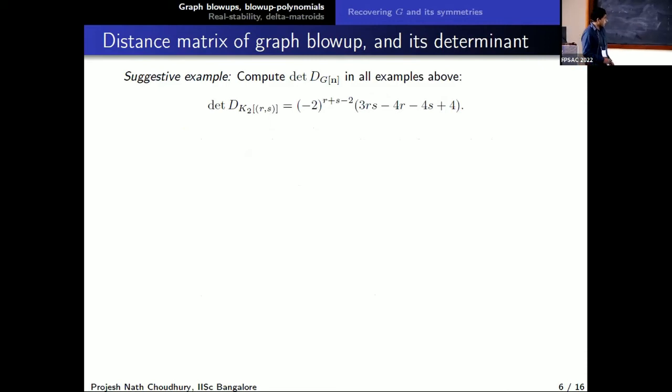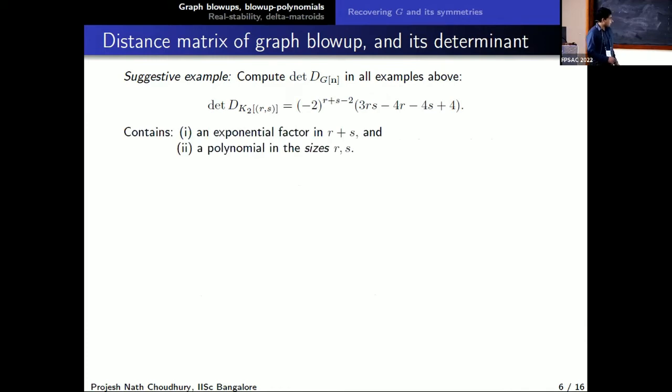One is exponential in r plus s, where r is the number of copies of the first vertex, and s is the number of copies of the second vertex. And then a polynomial in r and s. Now note that, interestingly, the distance matrix consists of 0, 1, and 2 only, and the size of the matrix includes r and s. And this is a function of sizes.